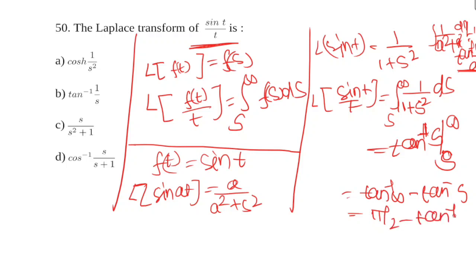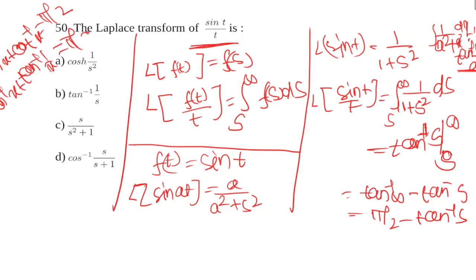minus tan inverse s. Now here you should remember two relations: tan inverse x plus cot inverse x is equal to pi by 2, and tan inverse x plus tan inverse 1 by x equals pi by 2.